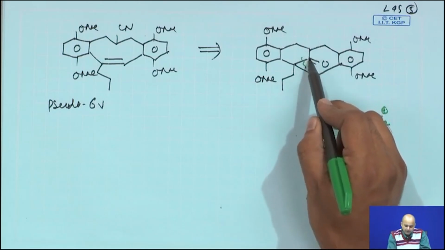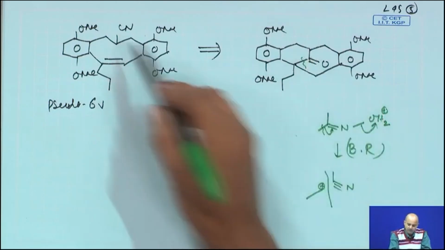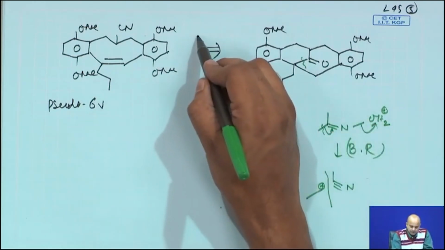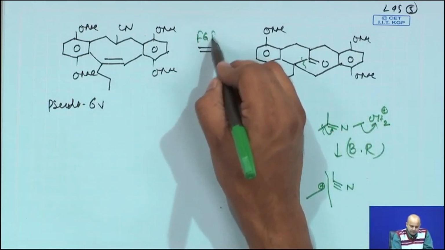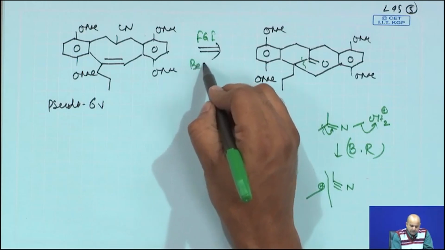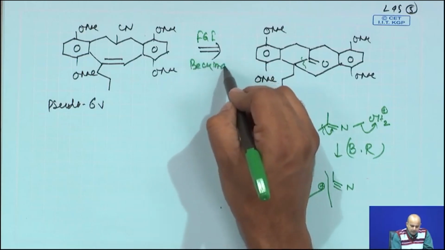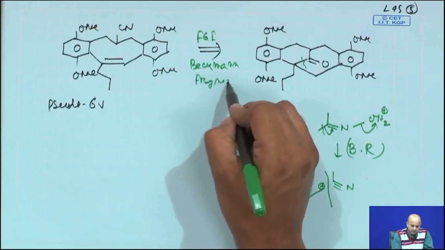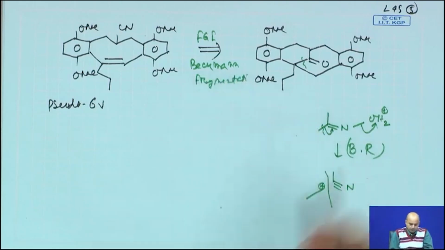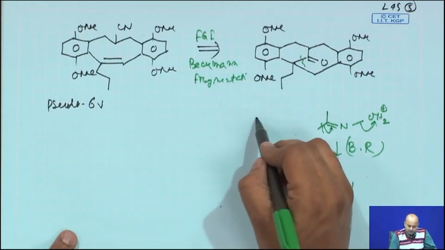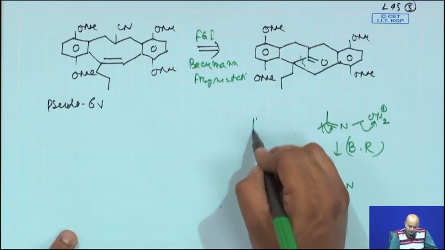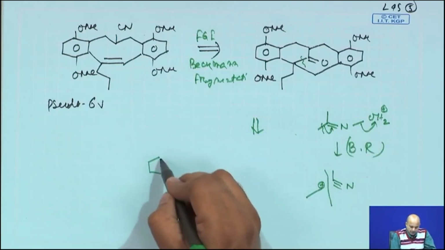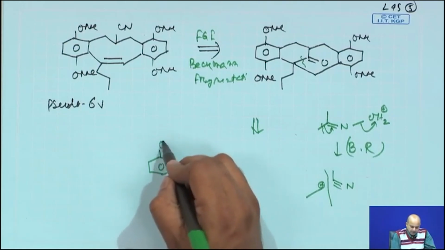This C stands for cyanide. So, the Beckmann fragmentation is the crucial step. We now say that it is a very good FGI, and the reaction is a Beckmann type of rearrangement. You can think about Beckmann fragmentation, you can just call it fragmentation. So, now we have to complete the synthesis. Now, you see our starting material can easily be correlated.